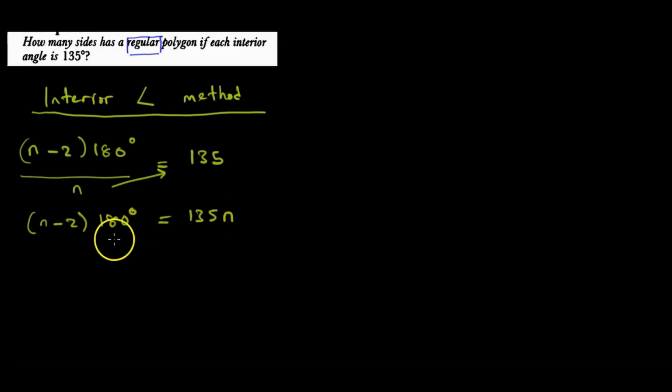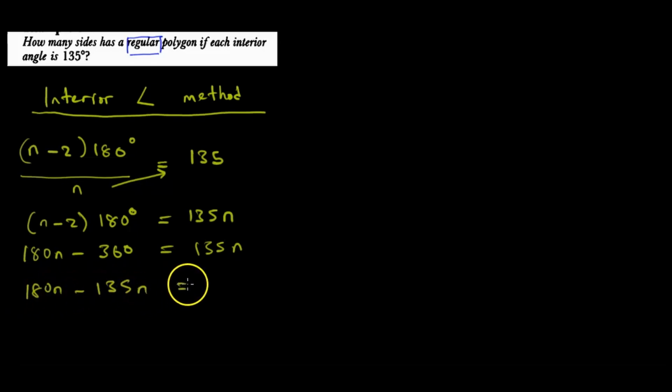Okay, so we expand on the left. 180n minus 360 is equal to 135n. Collect like terms: 180n minus 135n is equal to 360. So what is 180 minus 135?